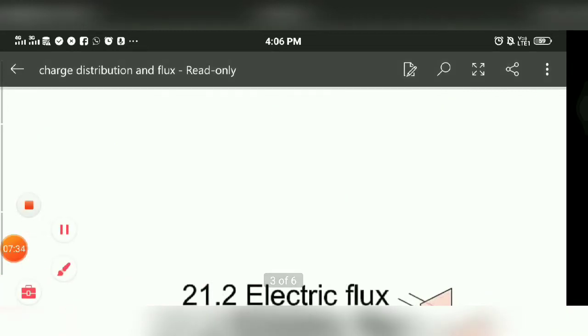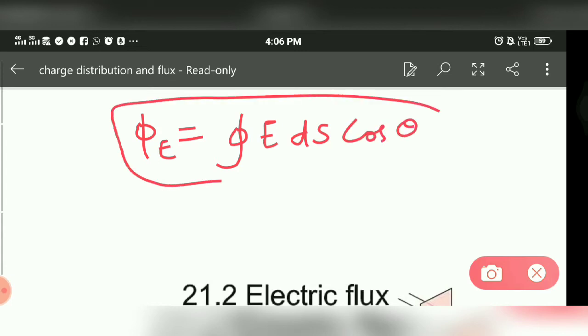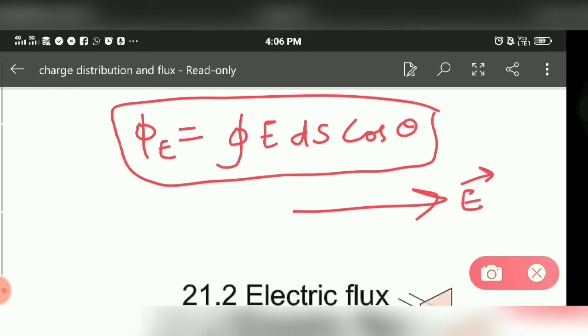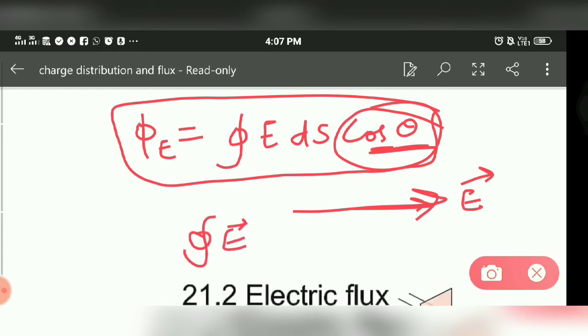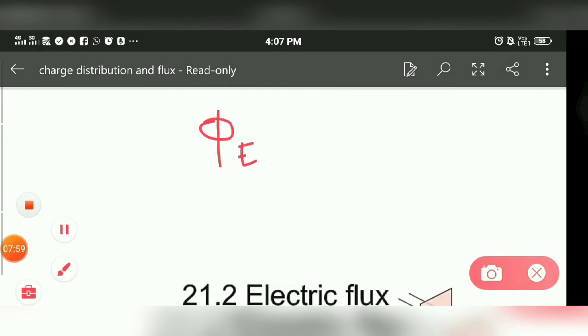So we get phi E equals E ds cos theta. If the angle between them is 0, meaning E is in this direction and n cap is also in this direction, then the angle is 0, this quantity becomes 1, so we get E ds only.